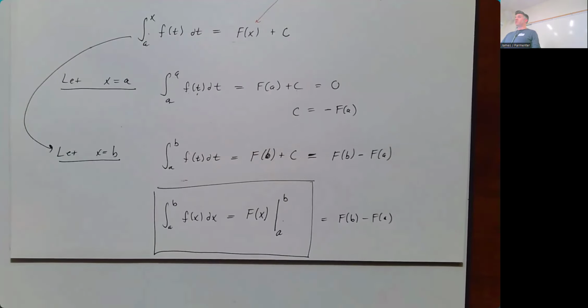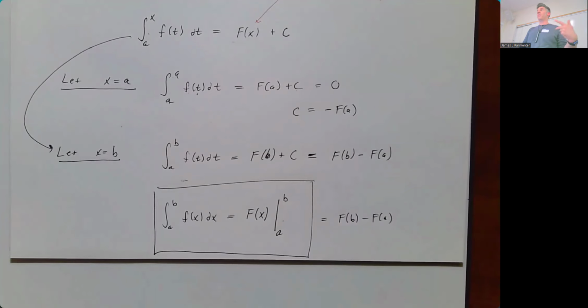So this is the thing we've been alluding to for a while. If you want to find the net area under the curve f of x between x equals a and x equals b, you find the antiderivative of your function and evaluate it at the top endpoint minus evaluating it at the bottom endpoint.